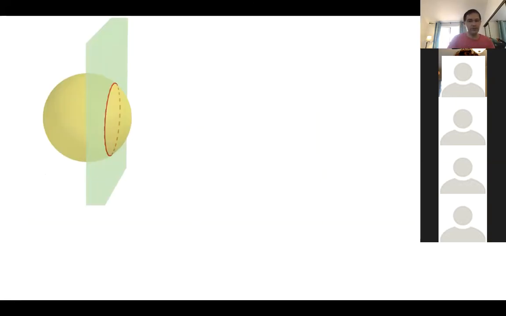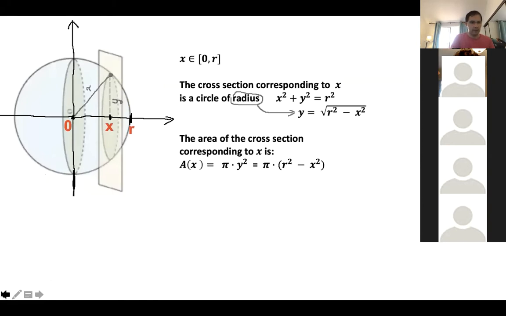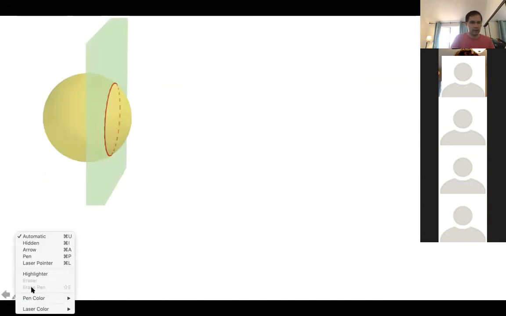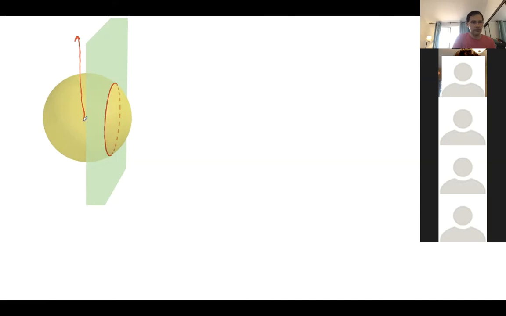So what I want to do is introduce a coordinate system. I'll place the coordinate system for convenience exactly in the middle. So this is going to be my x-axis, and this is going to be my y-axis.